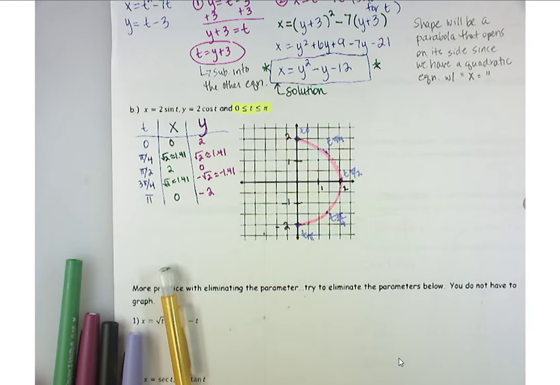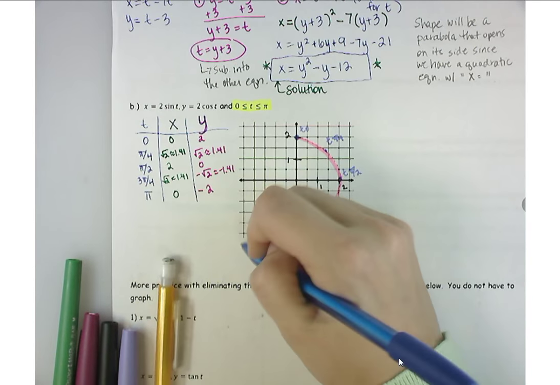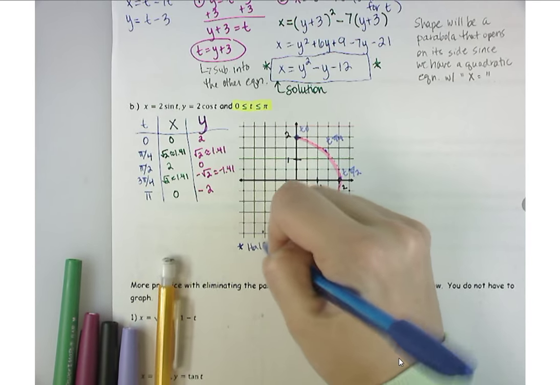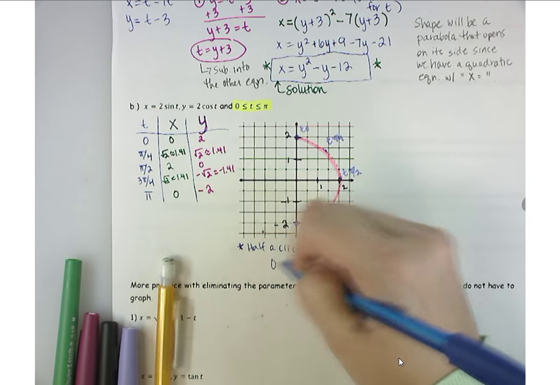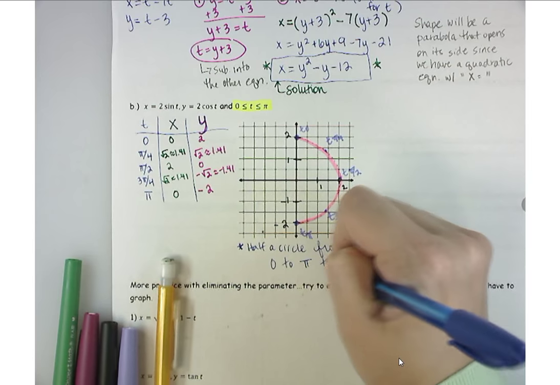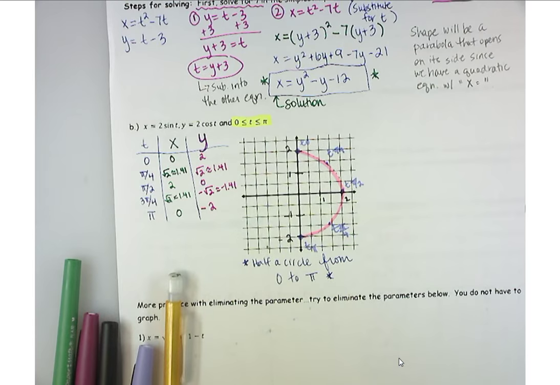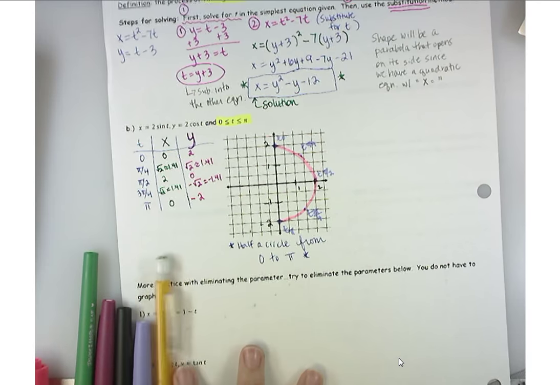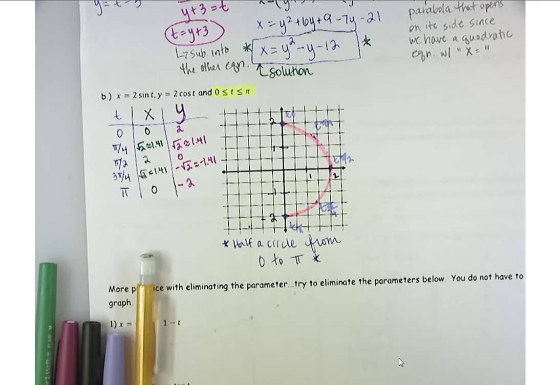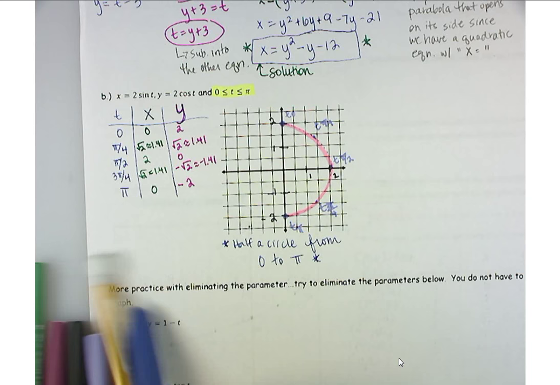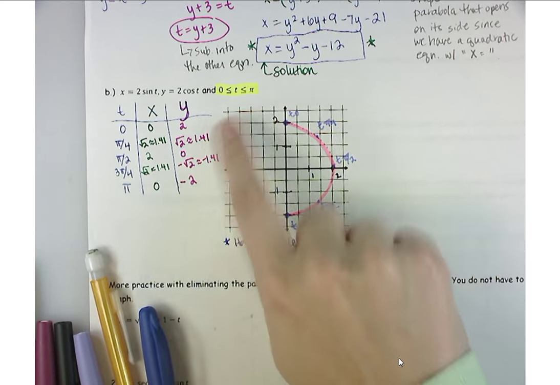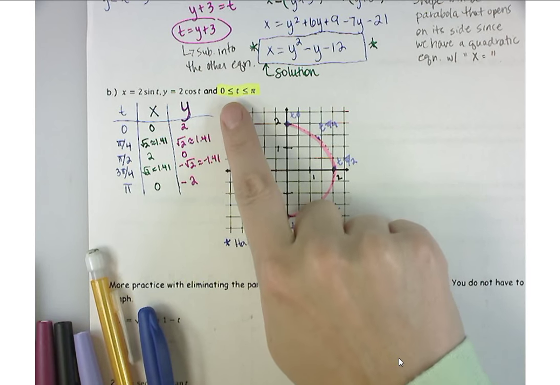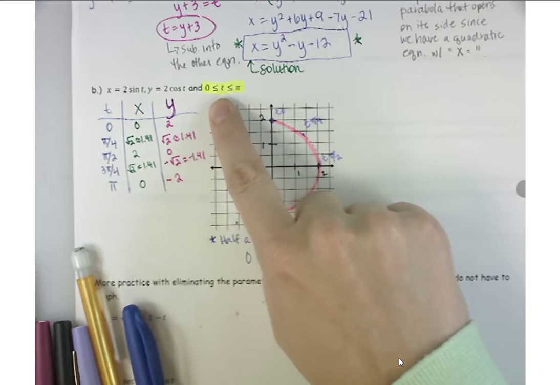So this is going to be half of a circle from 0 to pi. What value would probably give me the full circle? 2 pi. Okay, so if you were to graph this on your calculator and you didn't have the correct parameters in, you might see the full circle. But you're only graphing what the parameters are telling you to.